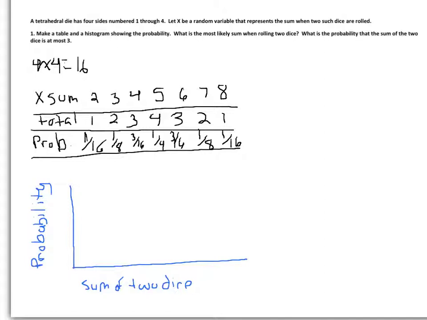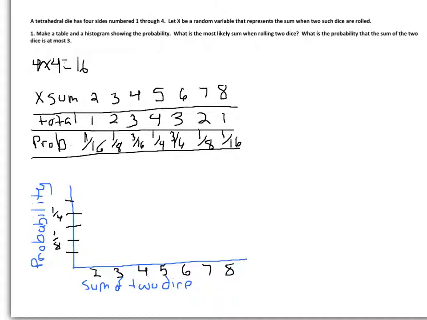So let's see, our sum could be 2, 3, 4, 5, 6, 7, 8. Our probability, just go by, there's 1/16, 2/16, 3/16, 4. So label this 1/8, 1/4.